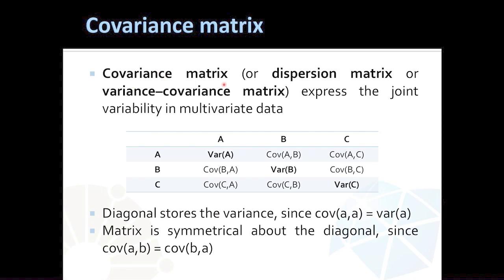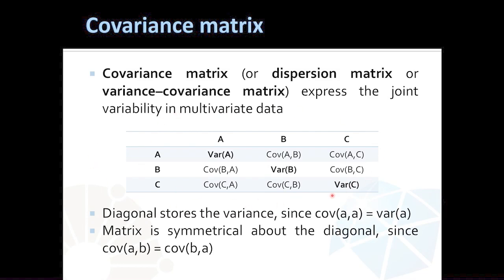The covariance matrix, or dispersion matrix, or variance-covariance matrix, expresses the joint variability in multivariate data. Suppose that we have three variables, A, B, and C, each of them with n observations. So we can compute the covariance matrix between these variables.